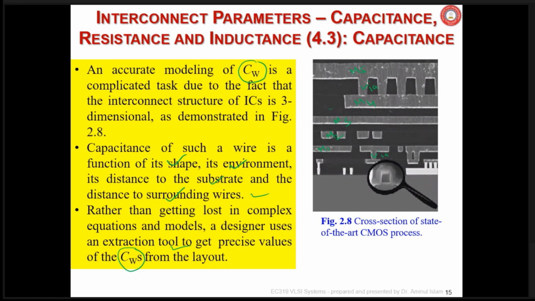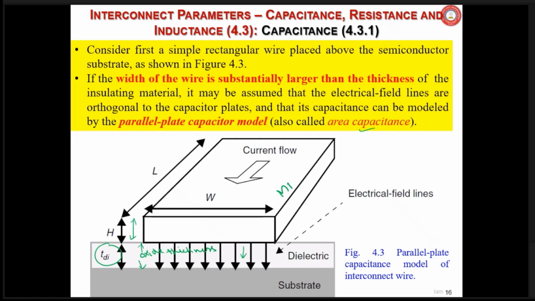Resistance and capacitance can be extracted from the layout. You will be able to see the value of the resistance and the symbol also. So that kind of tool can be used, and it is done normally instead of going for very complex calculation and modeling.